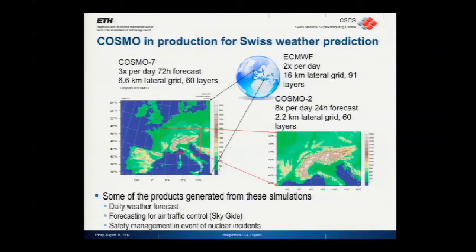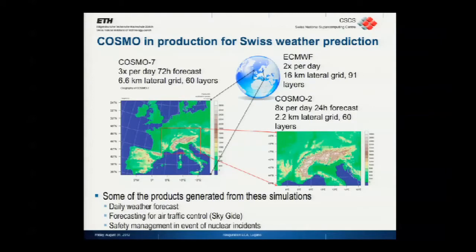They are working behind us. So, practically how this works: there is input data that comes from the European Centre for Medium-Range Weather Forecasts in the UK, that is then fed into a simulation at 7-kilometer resolution that is running here 3 times a day, a 3-day forecast.